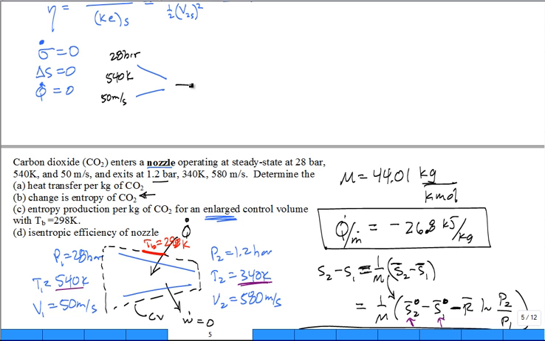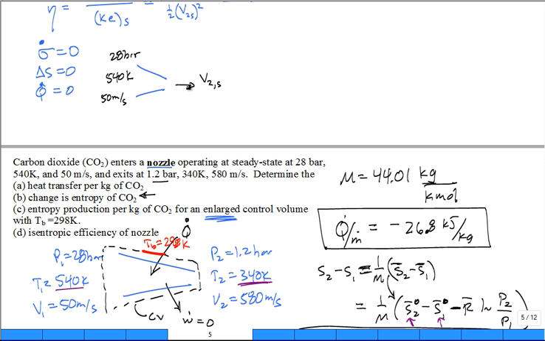And now I want to assume no irreversibilities, no heat transfer, hence it's isentropic expansion, and I want to calculate the exit speed V2S. Yes? Because it's an isentropic efficiency, and so I have to do that, no heat transfer.